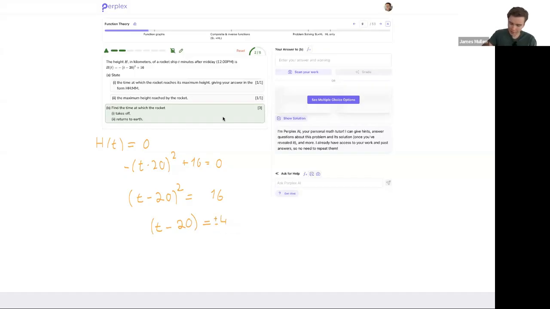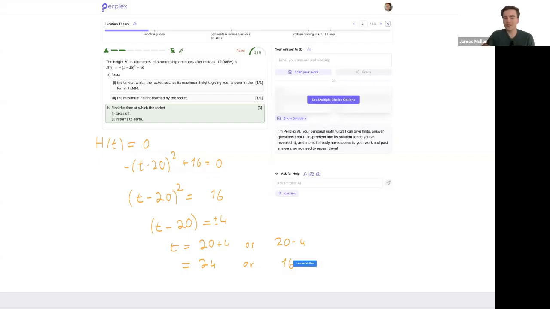So then I'm going to have either t is equal to... yeah. So then I add 20 to both sides, and I have t is equal to 20 plus 4 or 20 minus 4.